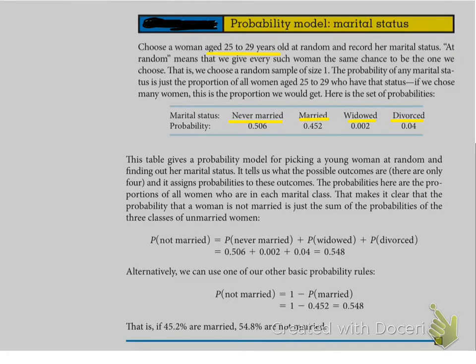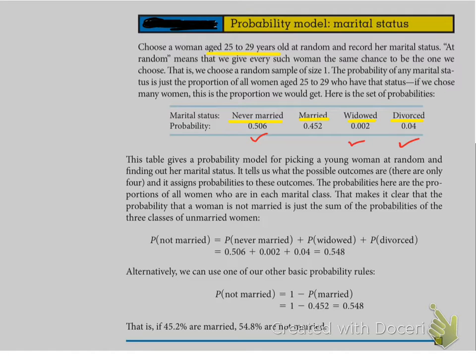So they got the probabilities for each and every one. Here there are three categories, three possible outcomes: never married, widowed, and divorced.